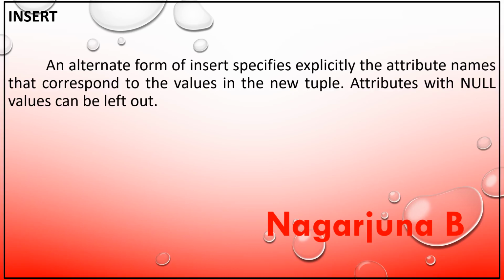An alternate form of inserting specifies explicitly the name of the attribute along with the value which we are going to insert in a tuple, and the attribute name should match the name which we have given at the time of creating a relation. Even the case matters. That means uppercase and lowercase are treated differently. For that purpose, even the case which you are going to use will matter.